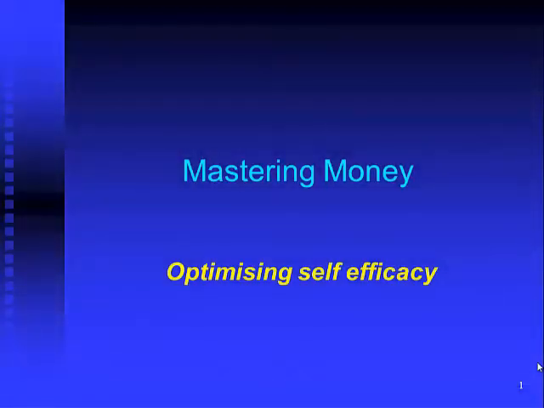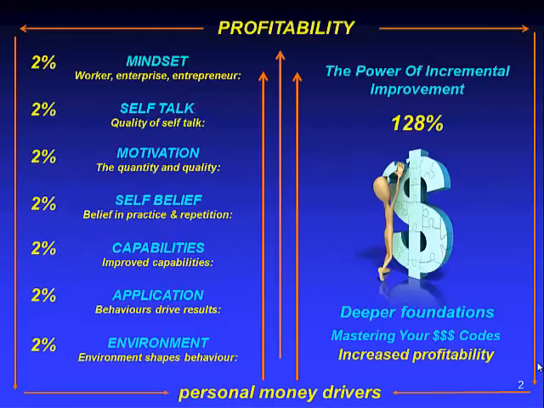Today we're going to look at this notion of optimizing self-efficacy. In the last video we talked about the power of incremental improvement, where if you learn to tweak and make adjustments to the deeper foundations within your personal money drivers, and then start to master your money codes, the money codes that are already within you, and point those money drivers directly towards profitability.